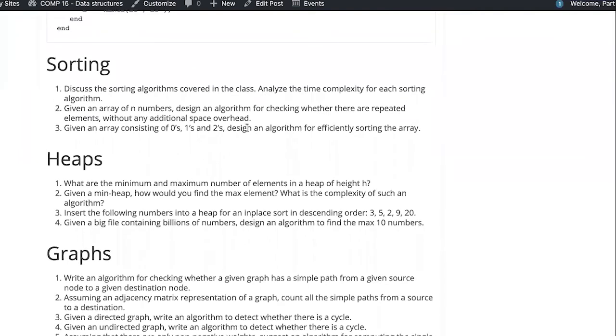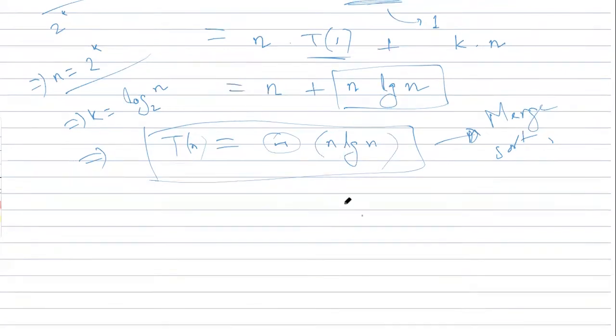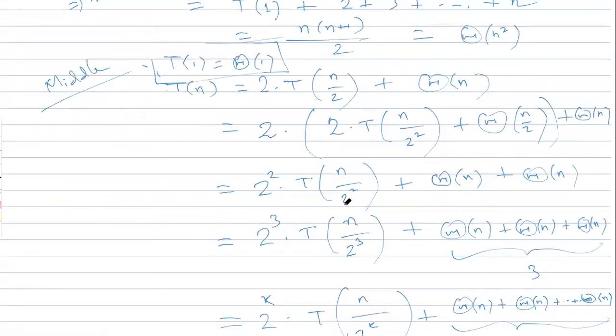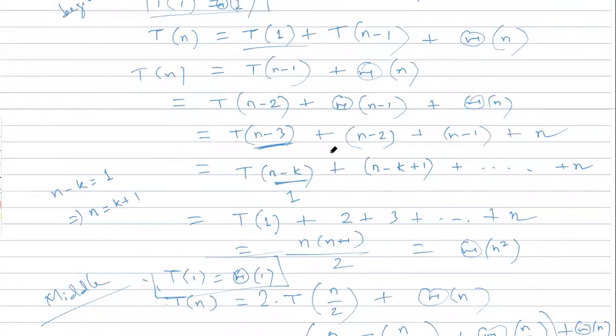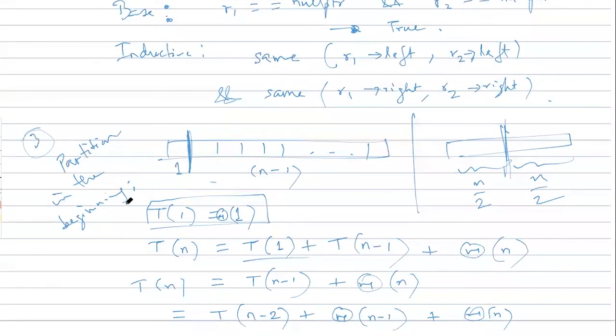Wait, in the first, go ahead. Sorry, in the first call, you plugged in 1/2, right? Say that again. In the first iteration, you plugged in n 1/2, yeah, that line. Yeah, here we are saying that if you are partitioning in the beginning, you're just leaving one and then the rest like that.